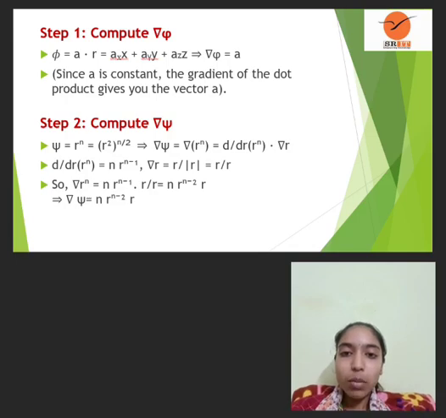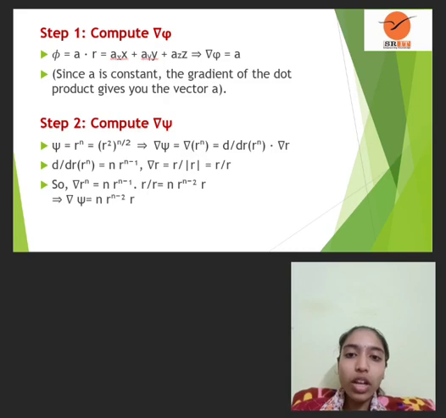Step 2. Compute del xi. Xi equals r^n. r^n equals (r squared) to the power n by 2, where del xi equals d by dr of r^n into del r.